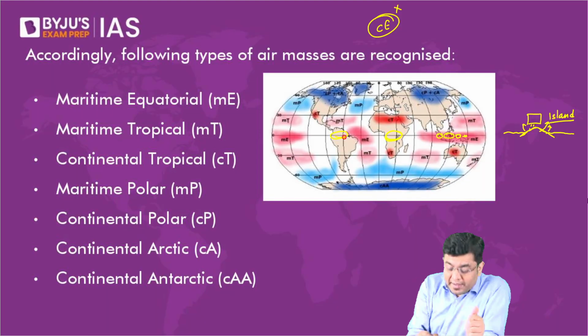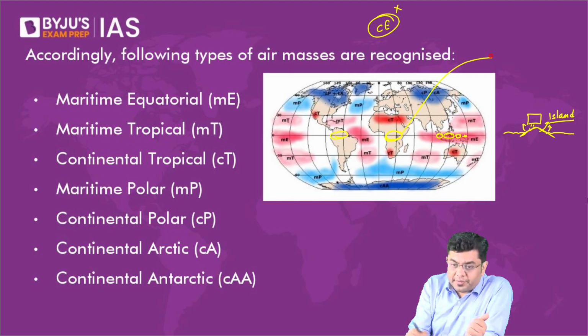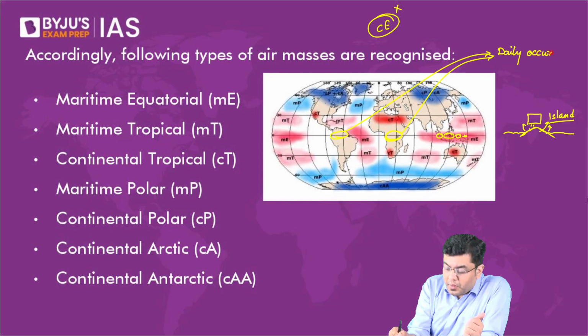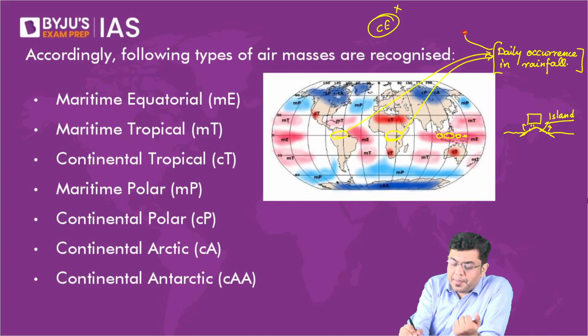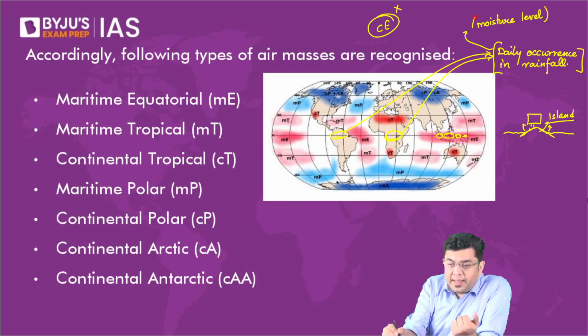So even in these regions, you will observe daily occurrence of rainfall. Now, this daily occurrence of rainfall, what will it do for the moisture level in the air? Moisture level will be high. The humidity level will be high, right?